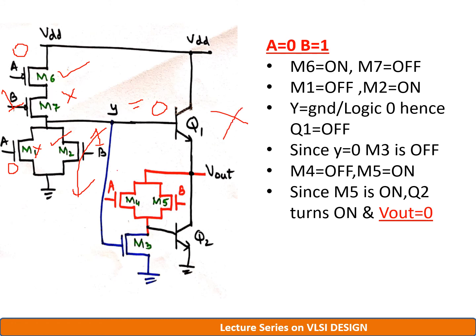Since A is 0, M4 will be in off state, B is 1, M5 will be in on state, and since Y is 0, M3 will be in off state. Since M5 is on, base of Q2 will be provided with sufficient voltage to turn on. Q2 turns on, hence output node will discharge to 0. So when A is 0, B is 1, we'll get Vout as 0.